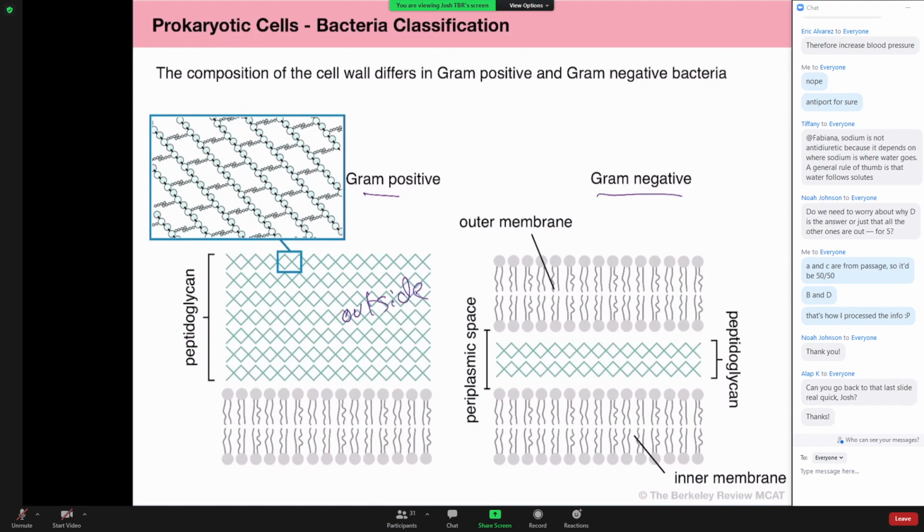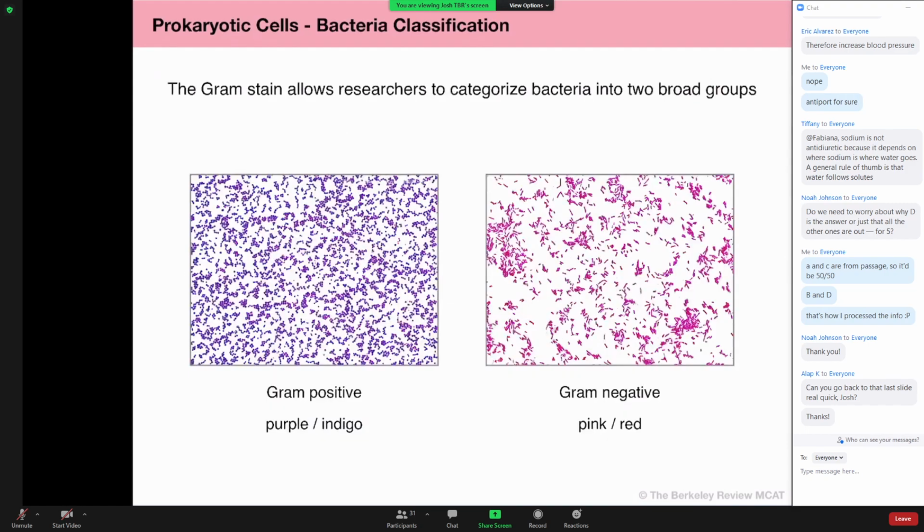All right. And if any of you have taken a microbiology class, you've probably done a gram stain. Which is a lab technique used to classify whether a bacteria is a gram-positive bacteria or a gram-negative bacteria. So this violet purple dye, right?